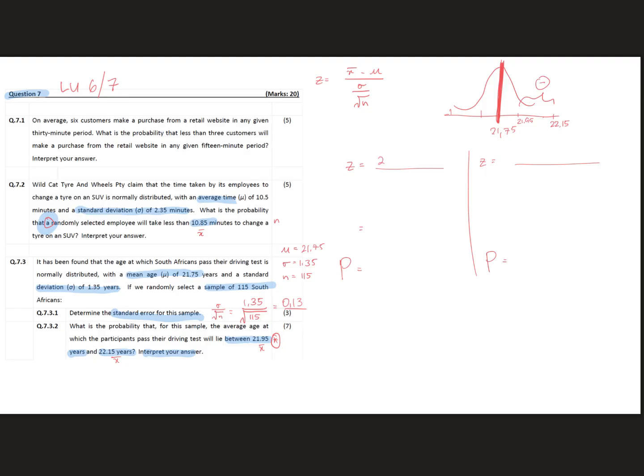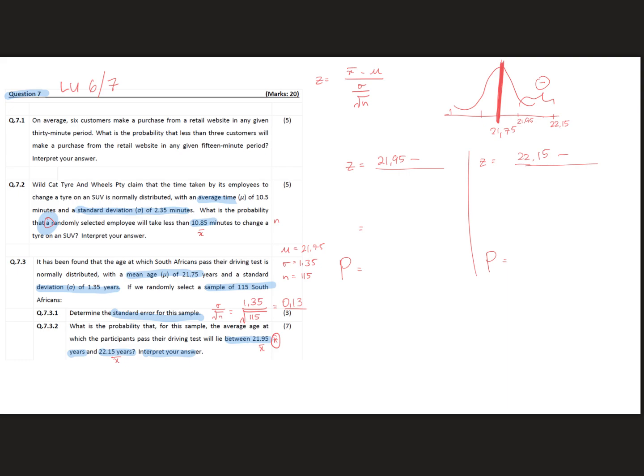So this is 21.95 and this is 22.15. Then you're going to say minus, sorry about that, it just removed everything. So this again is 22.15 minus, and then 21.95 minus.